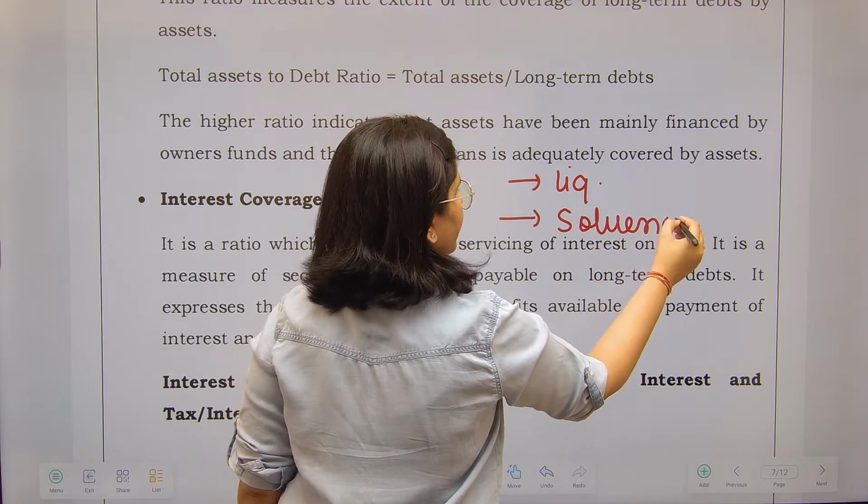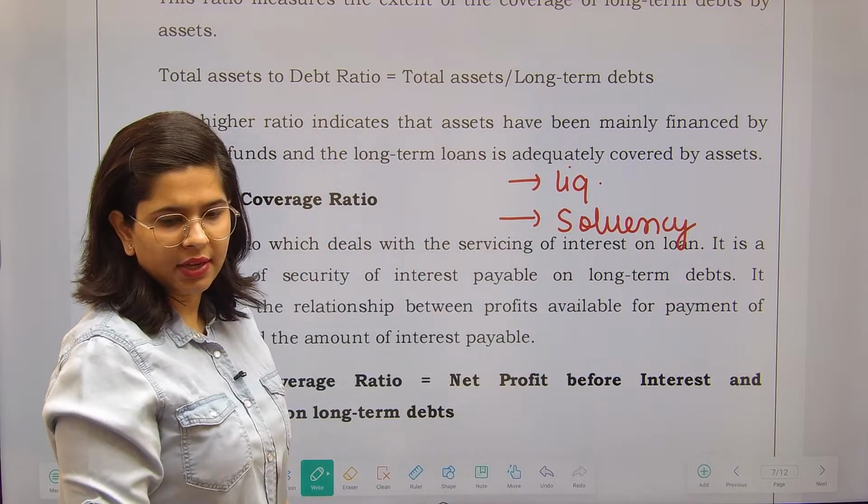Today we will be doing activity ratios and profitability ratios.